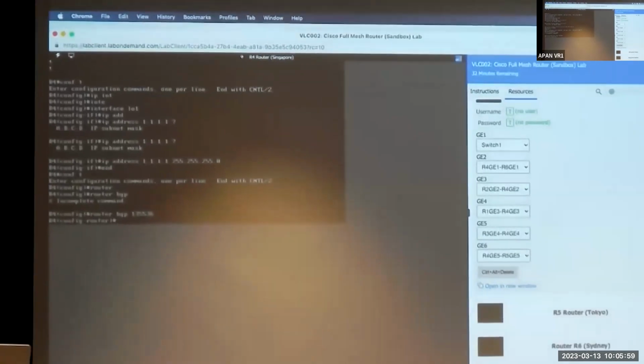Right, so now I'm going to go to BGP, router BGP 135536. Okay, I'm just going to my address family.